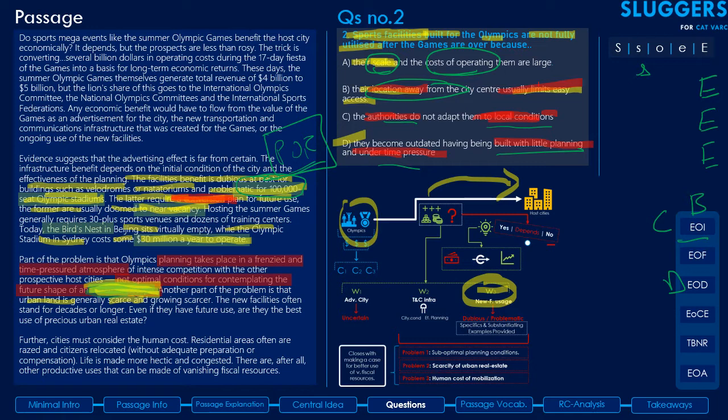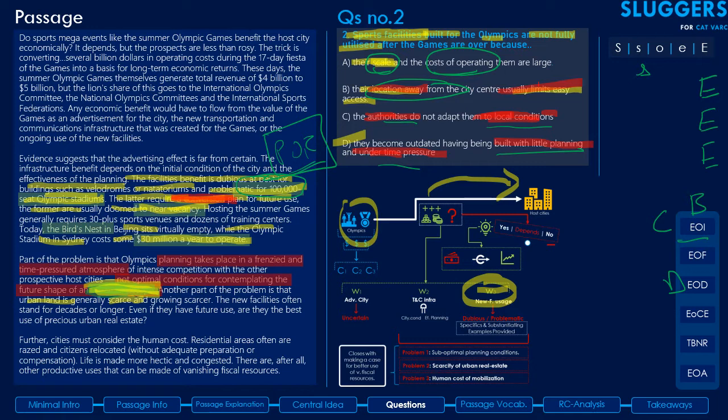So what I'm saying is that the author in the passage has made these points about the time pressure, the chaotic atmosphere during planning, and suboptimal conditions for planning, relating mainly to the urban landscape, and not to sports facilities.